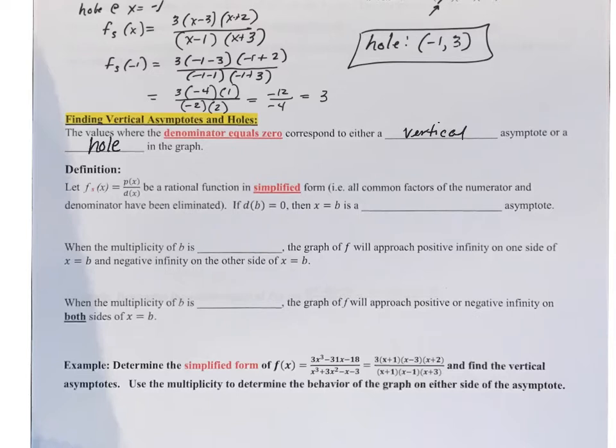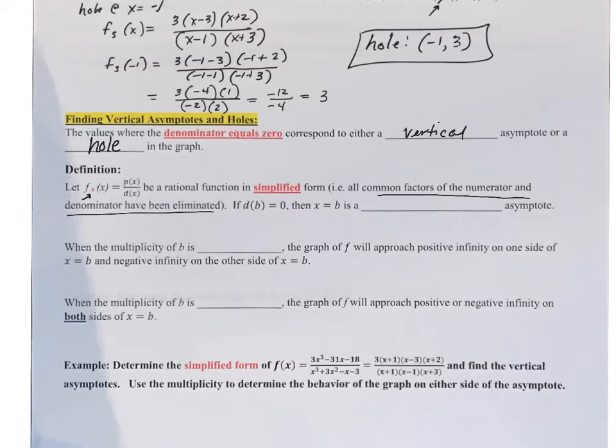So let f simplified of x, so you see my S here, that means simplified without the common factors, be equal to P of x over D of x, a polynomial divided by a polynomial. It's a rational function in simplified form, which just means that all of the common factors of the numerator and the denominator have been eliminated.